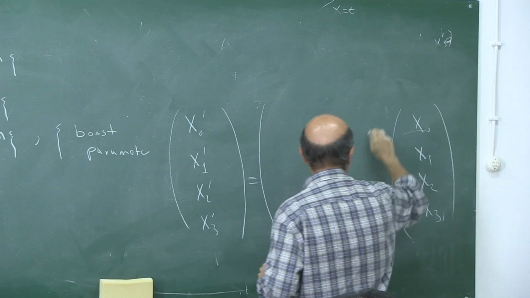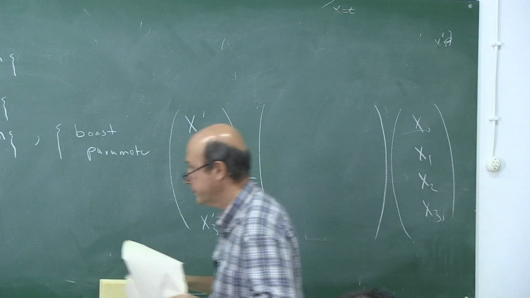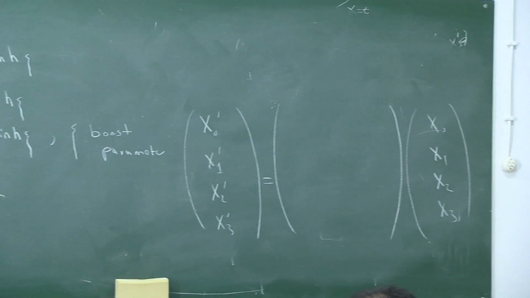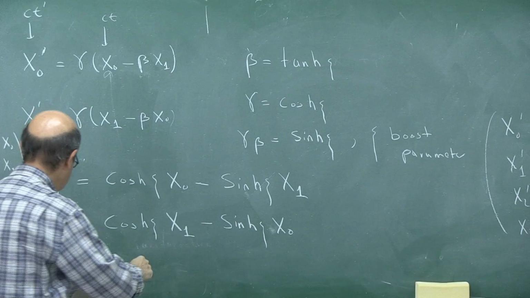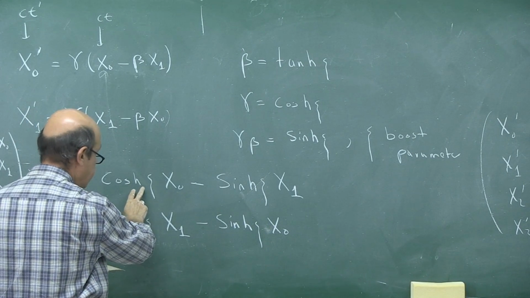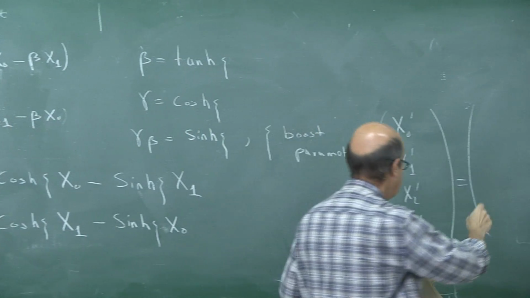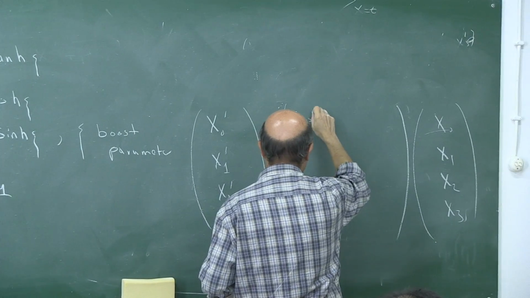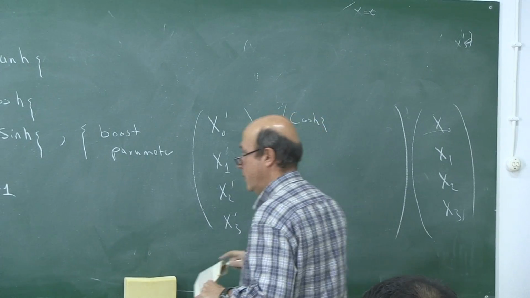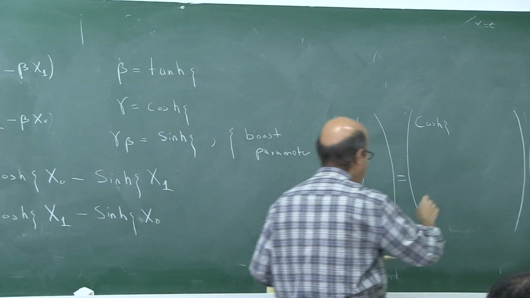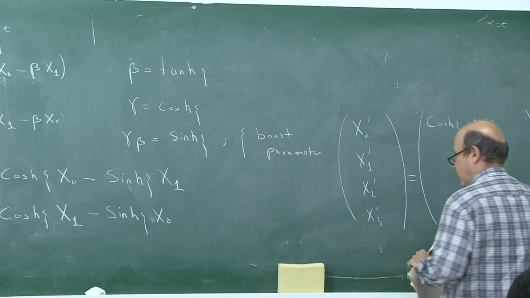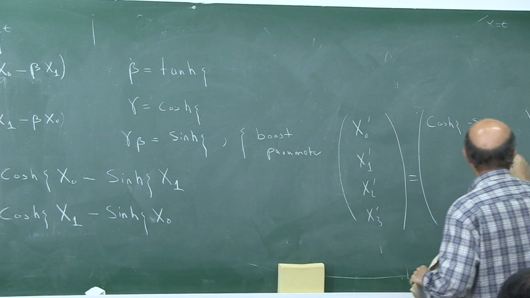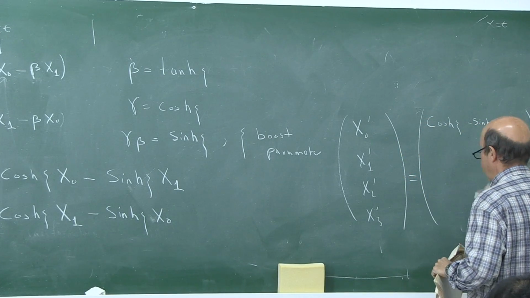And this is nothing but a one-dimensional boost along x1. So what should be this element? Cosine hyperbolic psi, and the next should be minus sine hyperbolic psi, then the other terms 0 and 0.